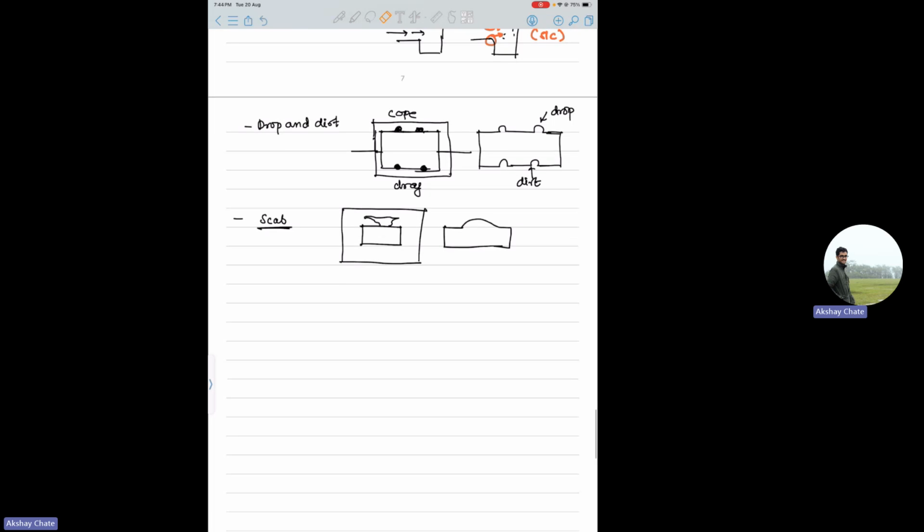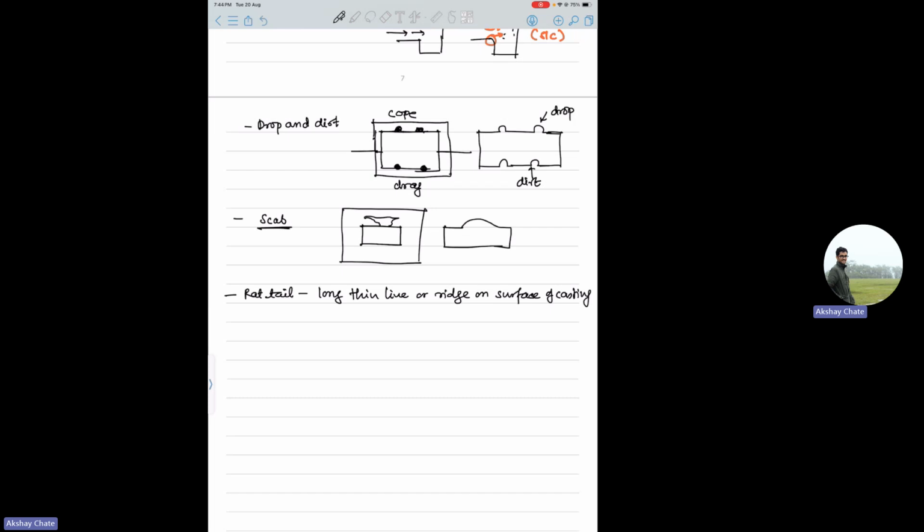So rat tail is similar to scab, but you'll not have a concentrated extrusion. It's like a long, thin line or ridge on the surface of the casting. You'll have long, thin lines. That is called rat tails because it looks like the tail of a rat.